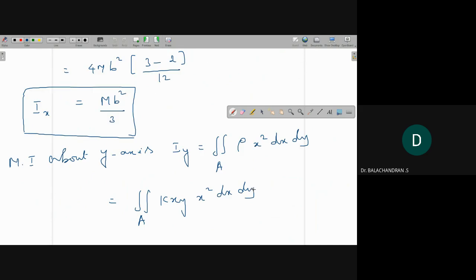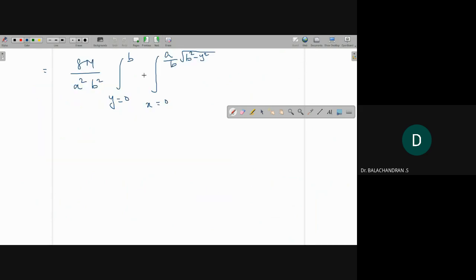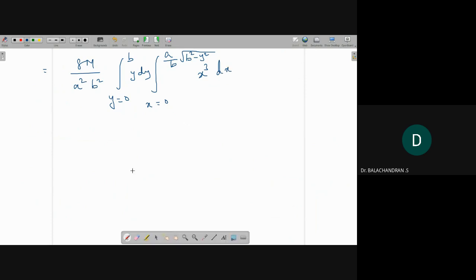What is the integrand? Integrand is x cube y. Okay, x cube, I'll write y here, y dy here into dx. So this is equal to 8m by a square b square, y equal to 0 to b, y dy.